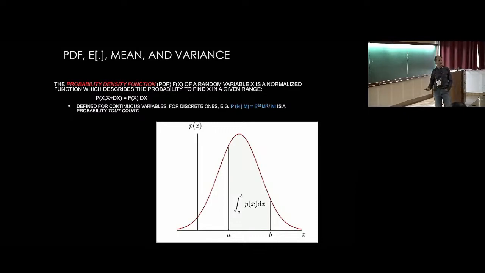It's a function that you can integrate on the real axis, gives you 1, and describes the probability to find x in a certain range.